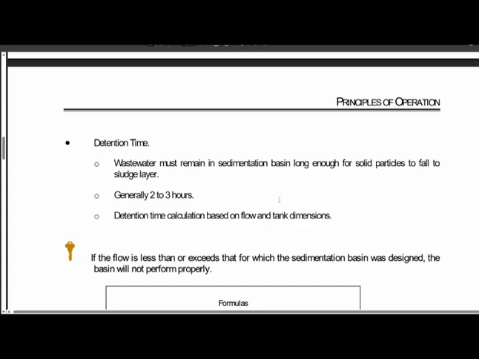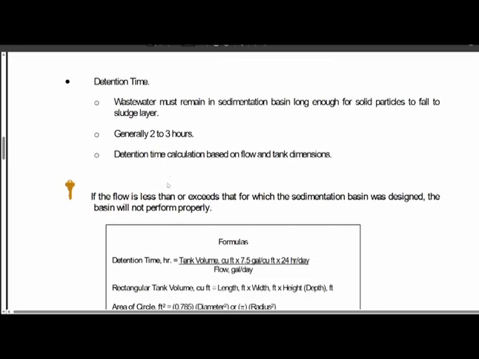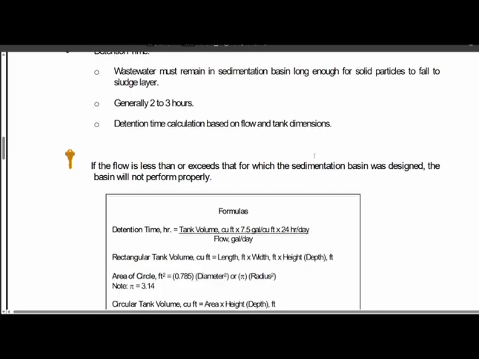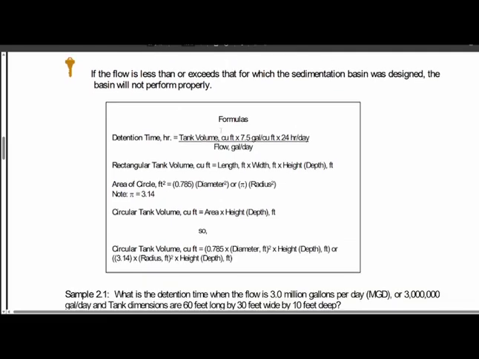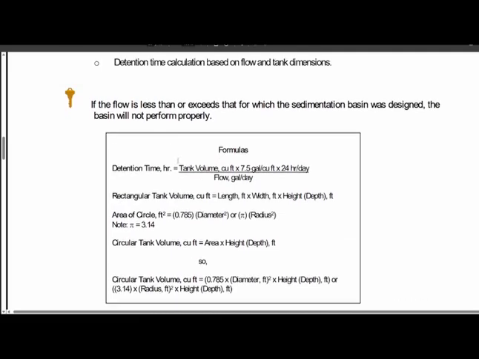Detention time. Wastewater must remain in the sedimentation basin long enough for solid particles to fall to the sludge layer. And that generally takes 2 to 3 hours. Detention time calculations are based on flow and tank dimensions. And this is the formula they want you to use to determine your detention time.